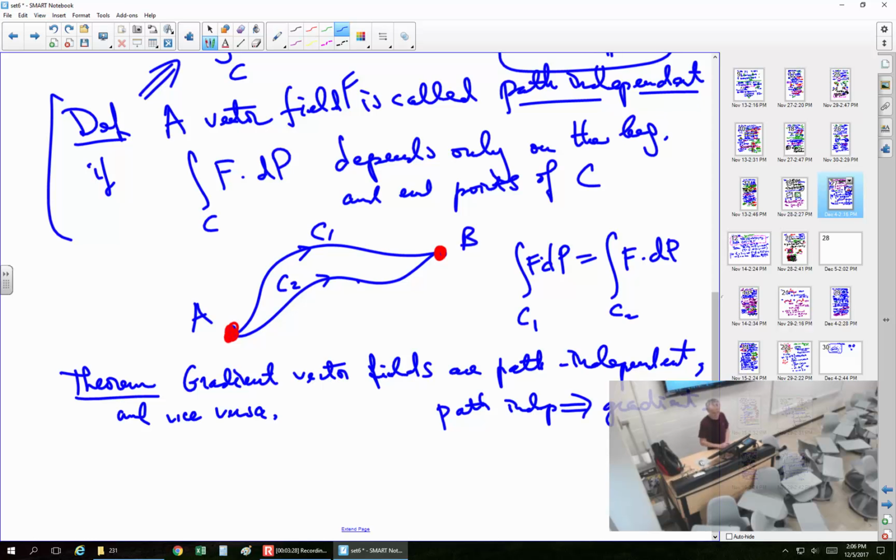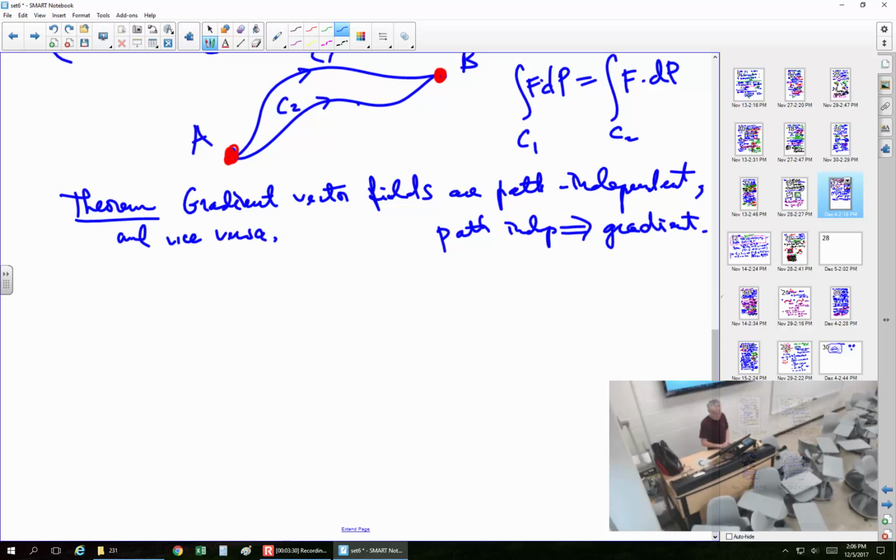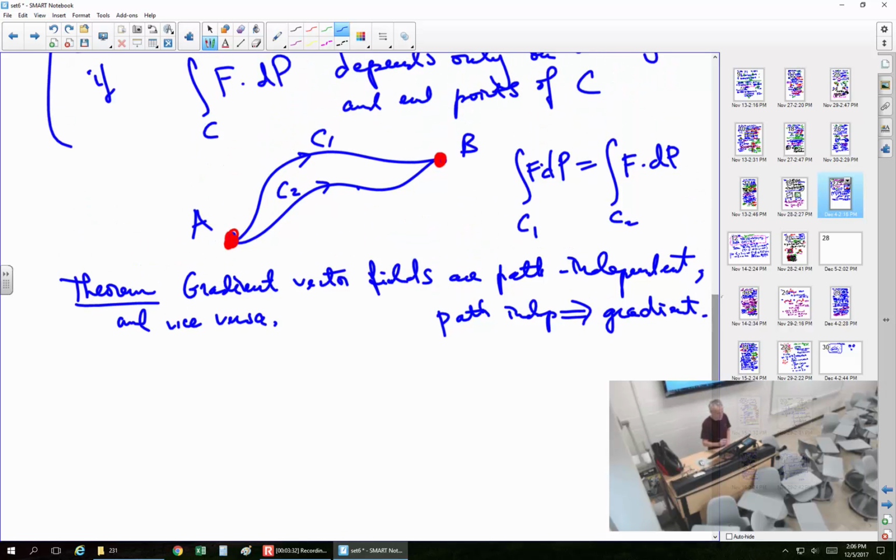That needs a proof. Fortunately, the idea is sort of there in Calculus 1. To prove that a vector field is gradient, as we did with specific vector fields, we just did algebra to find the potential.